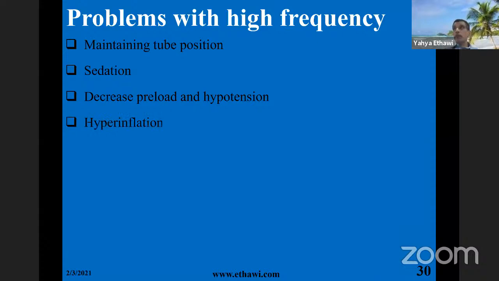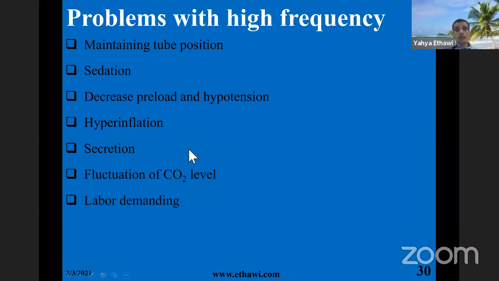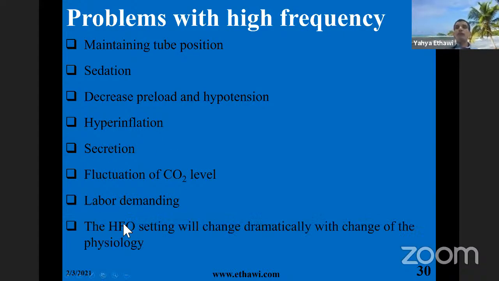Fourth, hyperinflation. Fifth, secretion. Sixth, fluctuation of CO2 level. Seventh, high frequency is labor demanding. You need more nurses. And high frequency oscillator settings will change dramatically with change of pathophysiology.